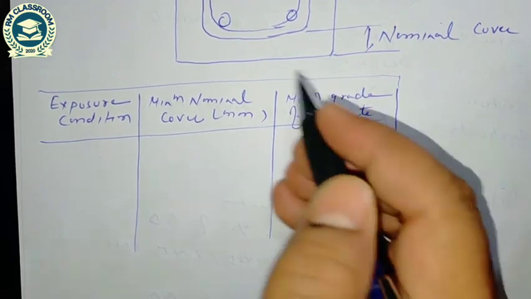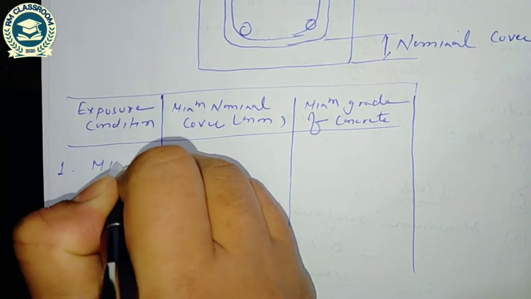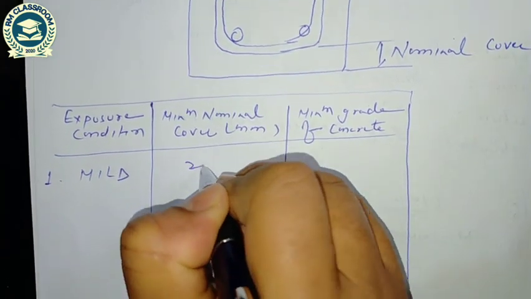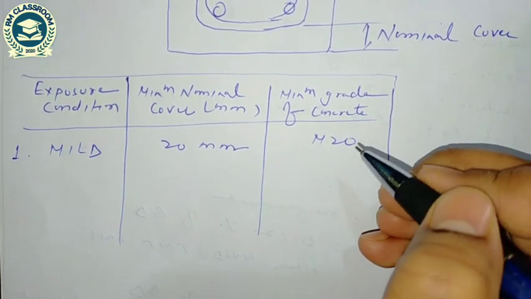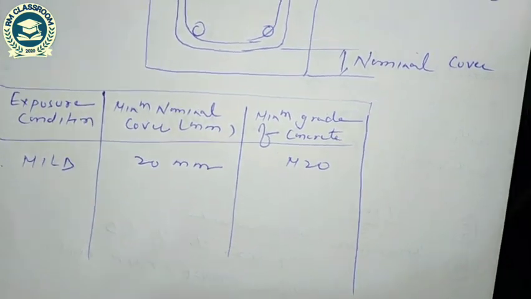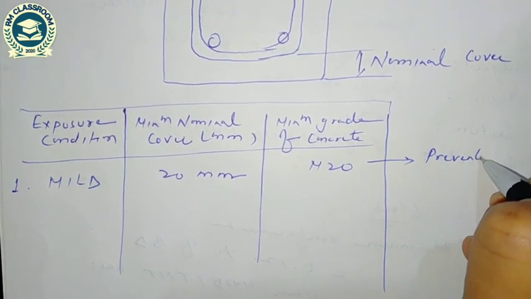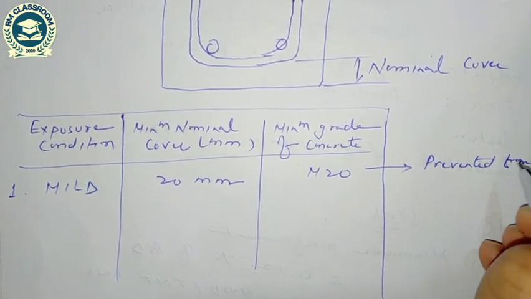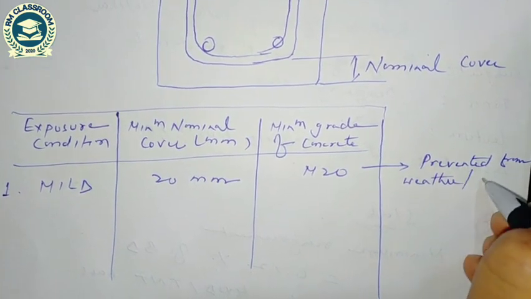If the exposure condition is mild, the nominal cover we have to take is 20 mm and the minimum grade of concrete is M20, and this is protected from weather and rain.